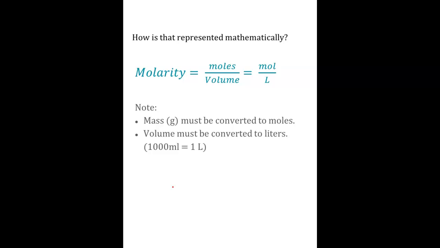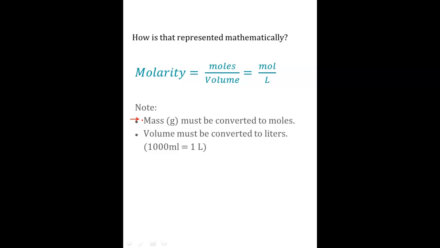Now, when we are dealing with molarity, we're specifically looking at the amount of chemical put in, not the mass of the chemical. So a couple of notes: we need to make certain that we convert our grams into moles. Remember, moles are the amount.